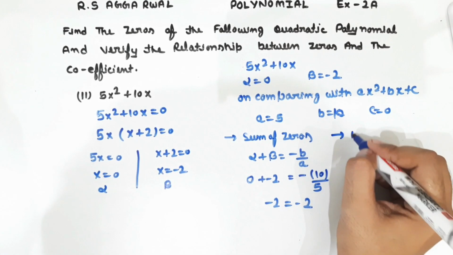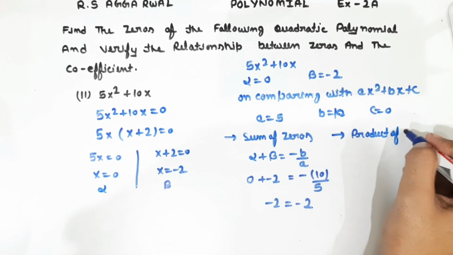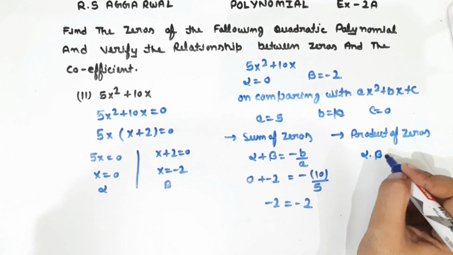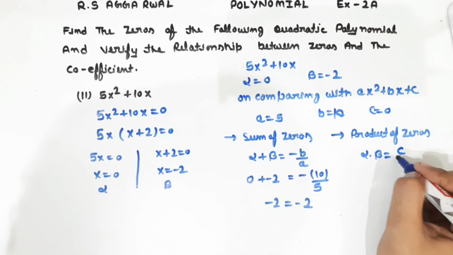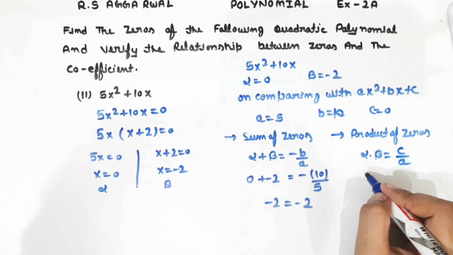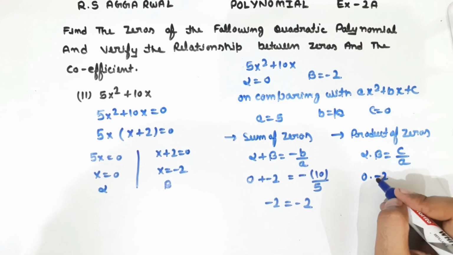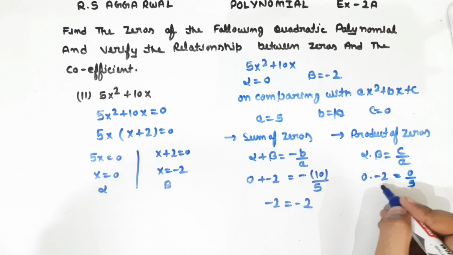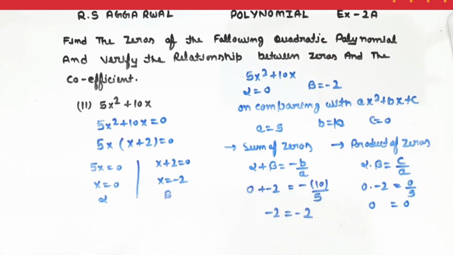Now product of zeros will be alpha into beta, that is equal to c upon a. So alpha is 0 into beta is minus 2 equals c, 0, upon 5. So 0 into minus 2 will be 0 and 0 upon 5 will be 0, hence verified.